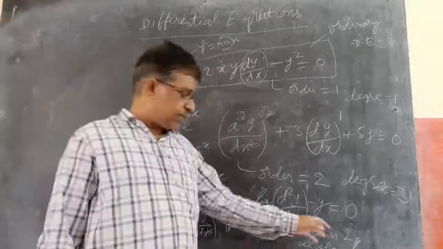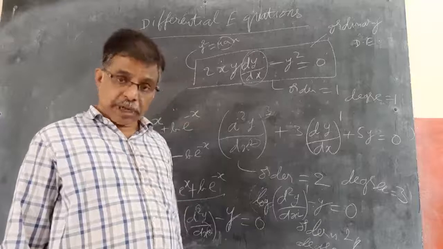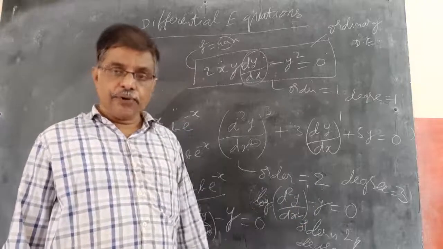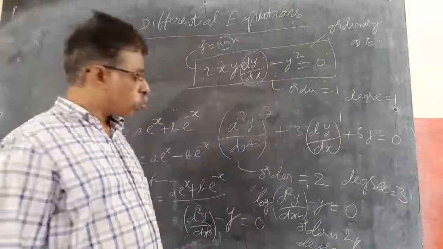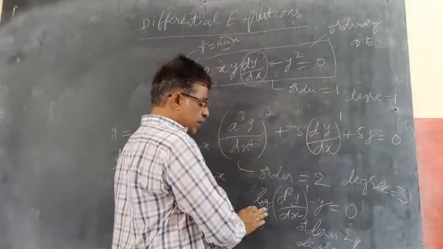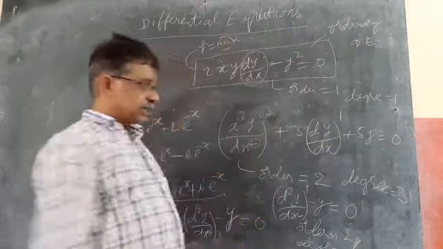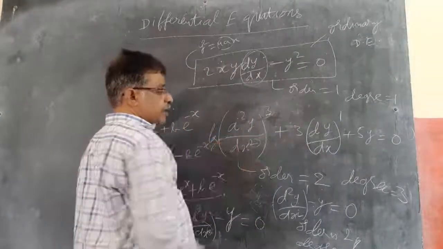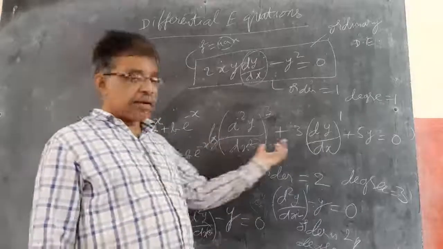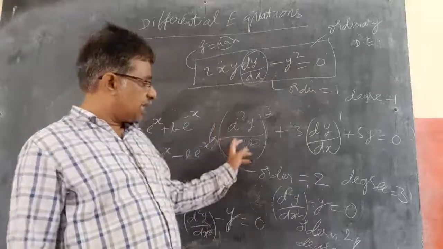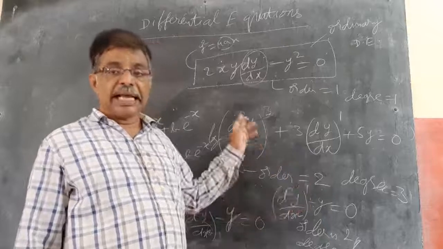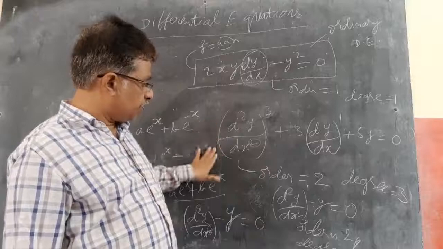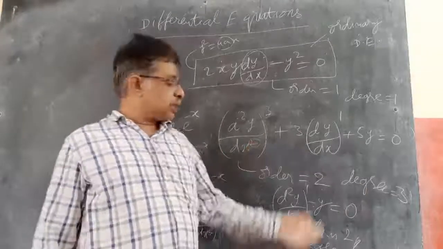Can I write it in the form of a polynomial? If you can, then you can find the order and degree. If you cannot, you can find only the order but not the degree. That is the case I want to say. Here, I am getting a log, so it is not a polynomial. Automatically, order is 2, but the degree cannot be found. If I remove this log, then this is a polynomial, so order 2.